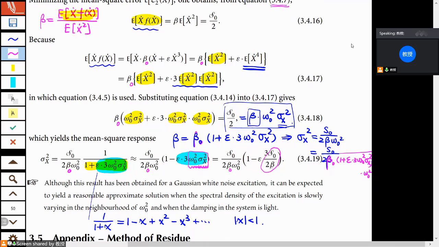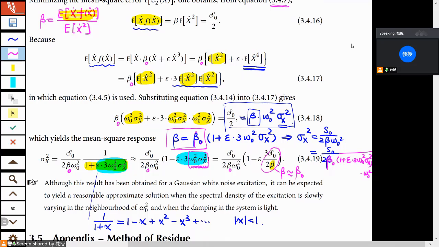That's beta. Then you probably do an expansion, or you say this beta is approximately beta 0, keeping only the first term, because when you expand, you have epsilon here, it's a higher order term.